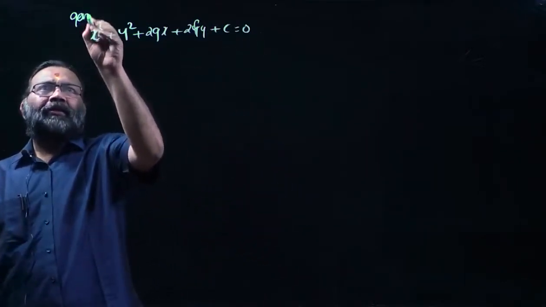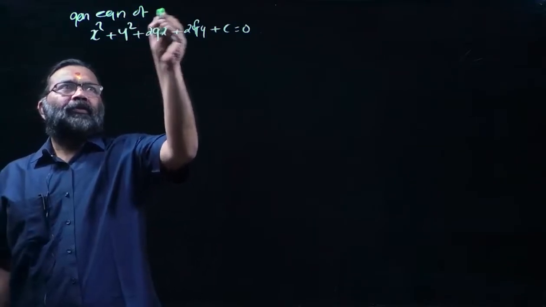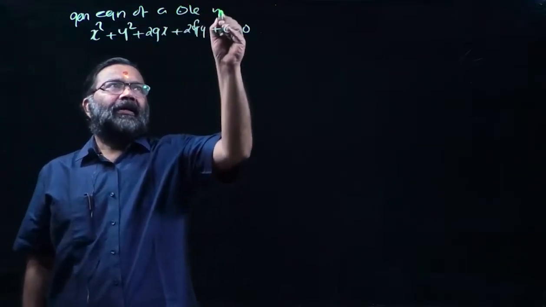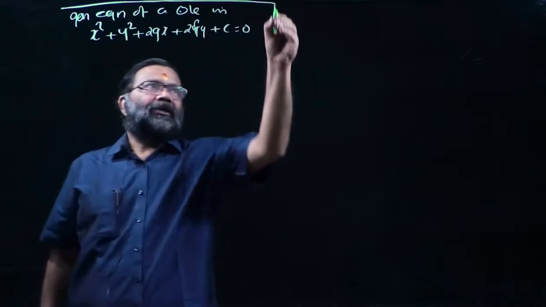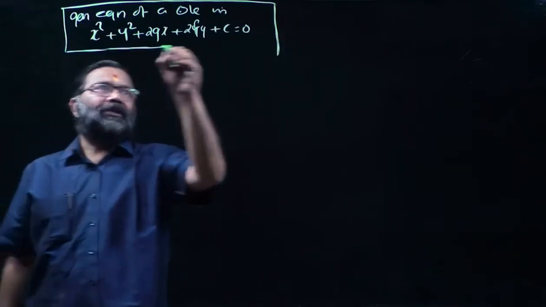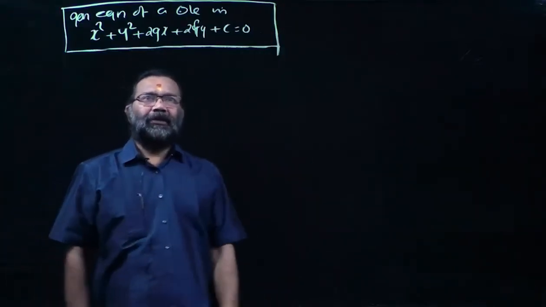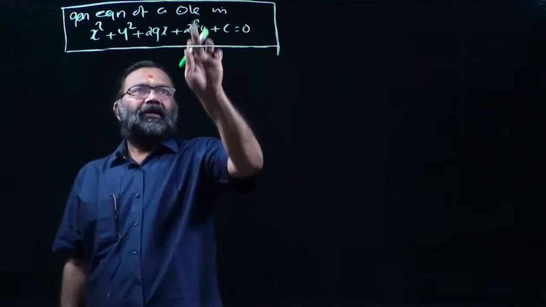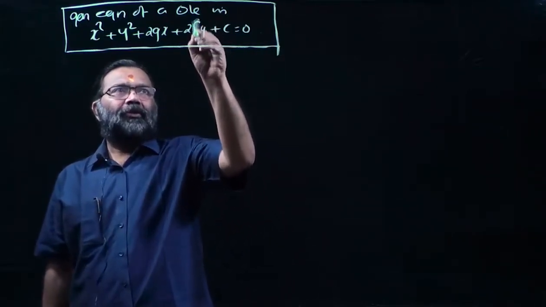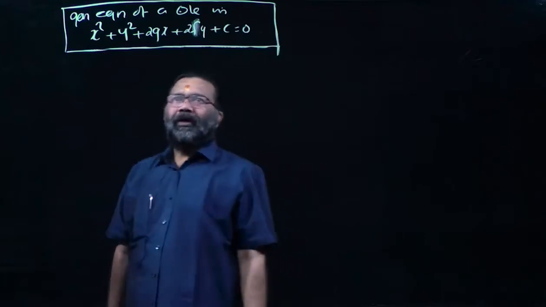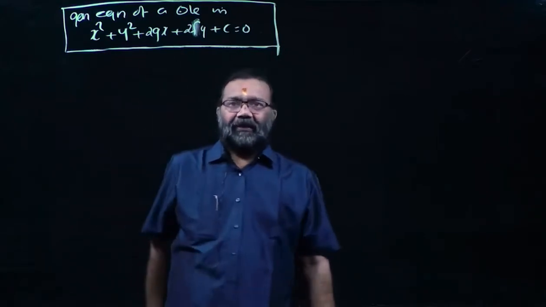The general equation of a circle is x square plus y square plus 2gx plus 2fy plus c equal to 0. So this is the general equation of a circle.